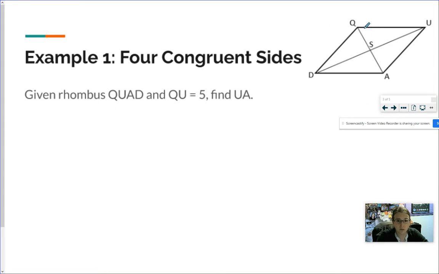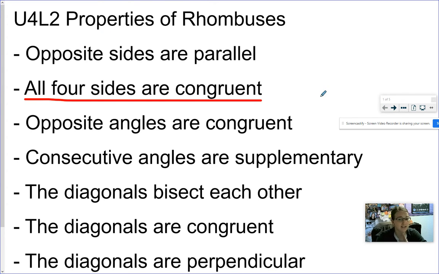So let's look. We've got QU is 5, and we're looking for UA. So is this labeled here a side, an angle, or a diagonal? These are sides. So we're going to look back to our properties and see any properties that have to do with sides. Well, we got these two right here, actually. Now, opposite sides being parallel doesn't really help me much because that doesn't tell me anything about their lengths.